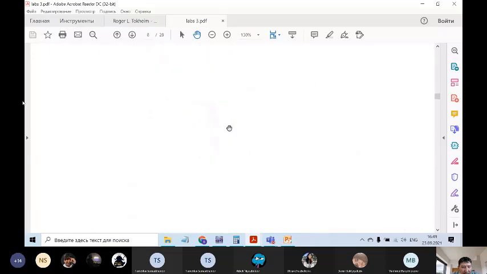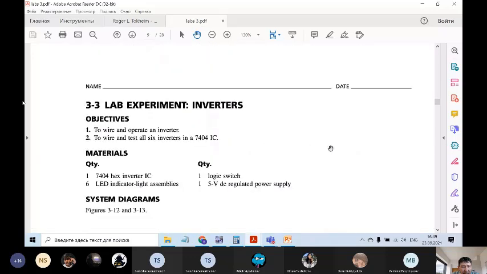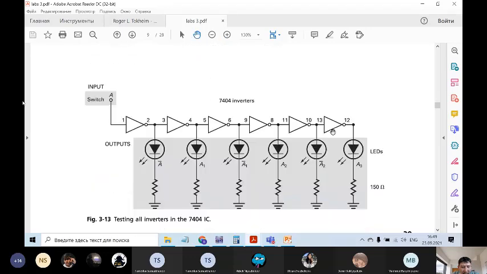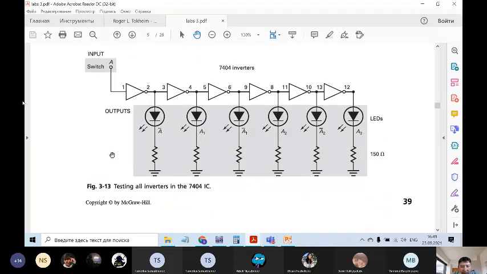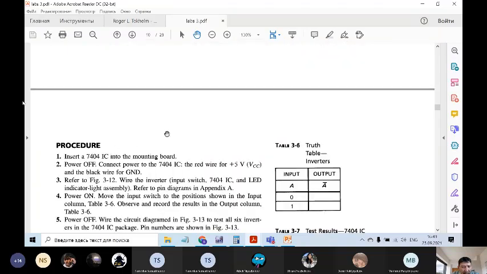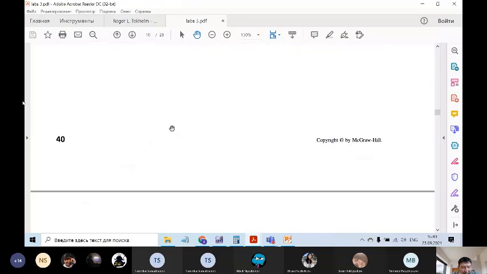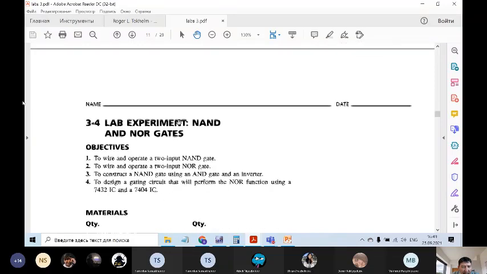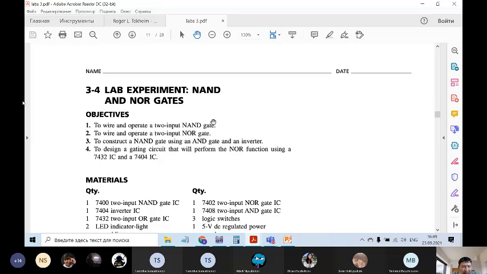Okay, next one. Inverters. It's just simple ones. So please guys review, but I want to show you the NAND and NOR gates. This maybe will be a little bit more difficult than the previous 3.